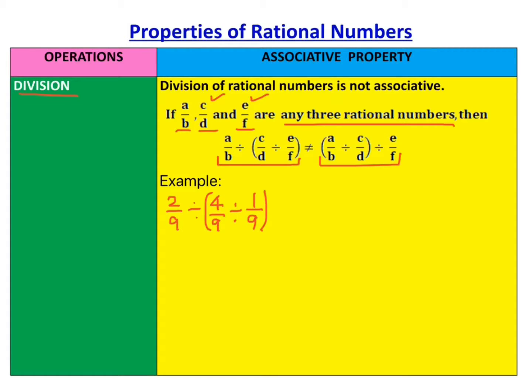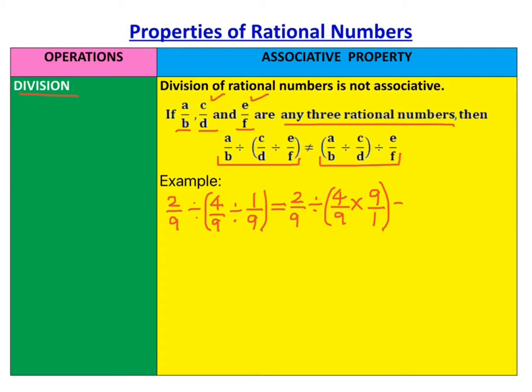Let's simplify it. This expression is equal to 2 by 9 divided by, let's simplify inside the bracket, 4 by 9 multiplied by the reciprocal of 1 by 9, that is 9 by 1.